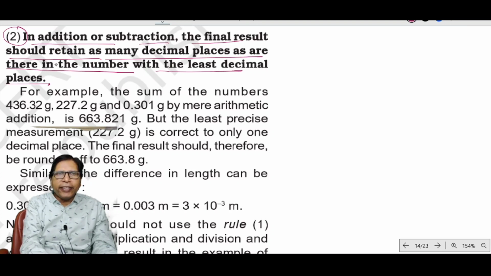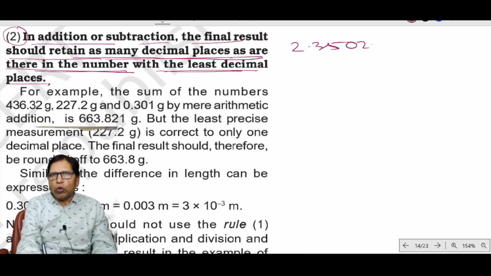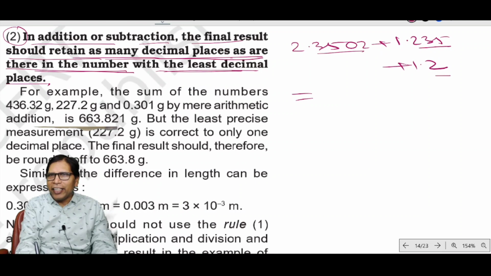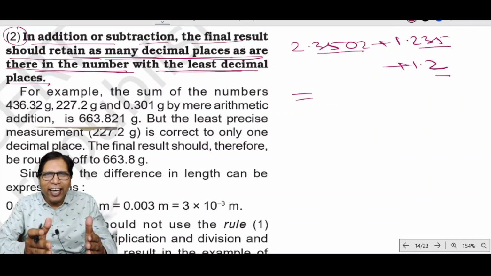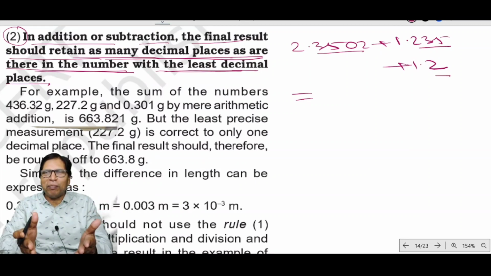Suppose 2.3520 plus 1.235 plus 1.1. The first has 4 decimal places, the second has 3 decimal places, and the third has 1 decimal place. So the result has only 1 decimal place.